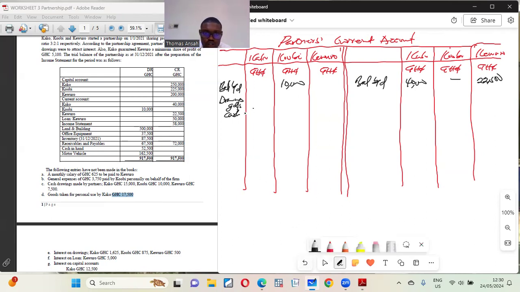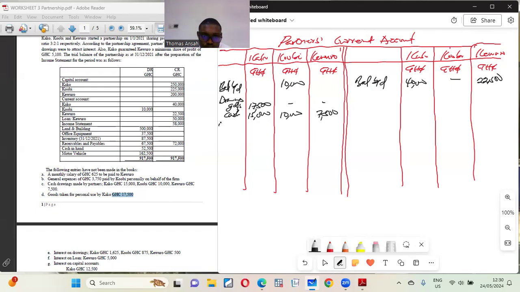So for goods drawings, only Kako did it. So you have this. All right, nobody did goods drawings. Then cash drawings, all of them did. So we have here 15,000, 10,000, then 7,500. All right, so that is that.